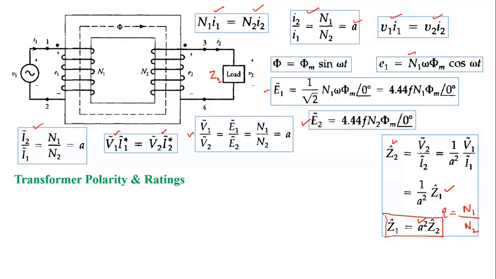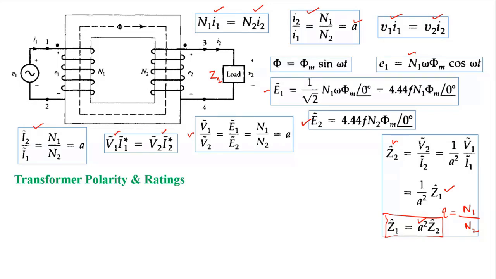So what do we mean by the polarity of a transformer? We have two windings, right? Here you can see we have one winding which is connected to the source. We call it the primary winding. And we have another winding which is connected to the load, known as the secondary winding, right?